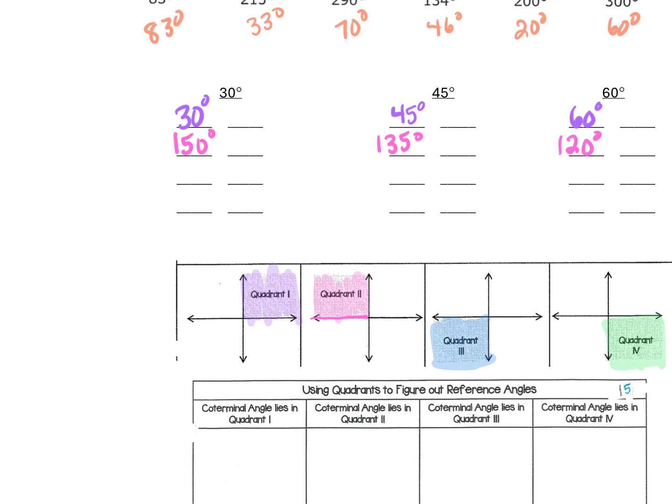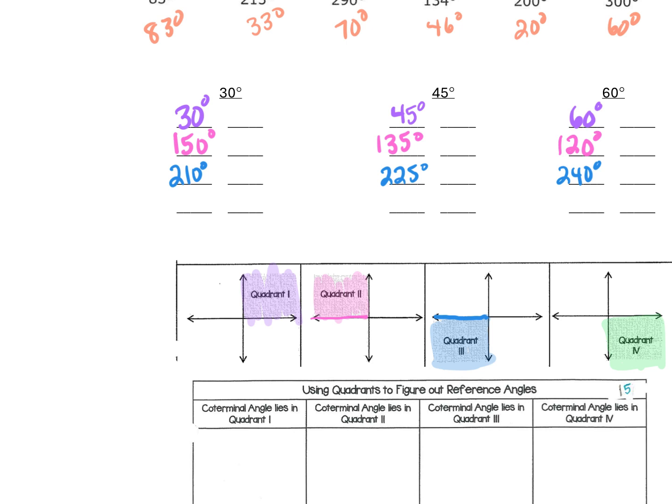All right, in quadrant 3, I've color-coded this blue. Think about it. We want to take 180 and add 30, 180 plus 45, 180 plus 60 to figure out what those reference angles are. So 180 plus 30 is 210. 180 plus 45 gives us 225. And 180 plus 60 gives us 240.